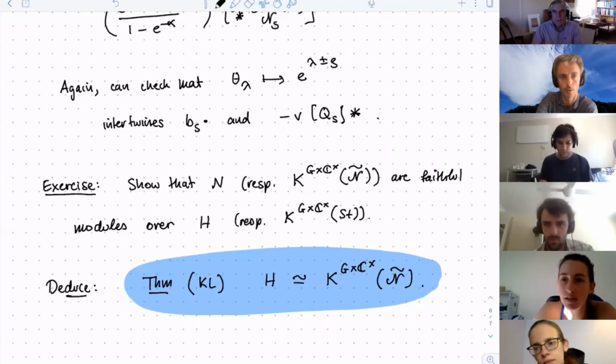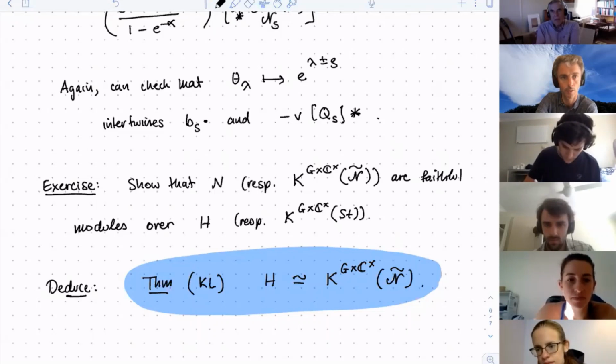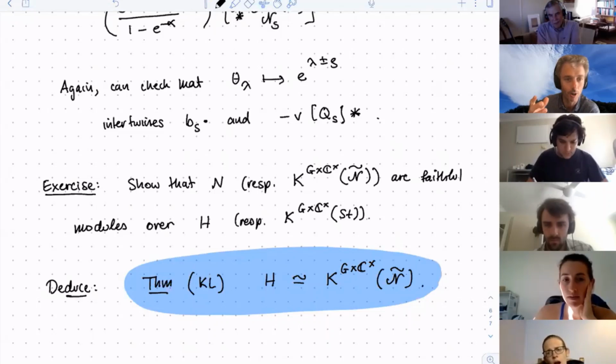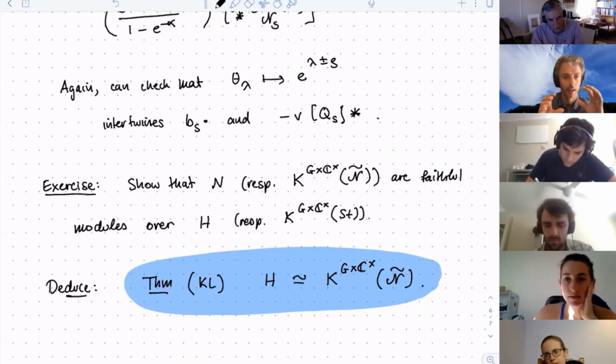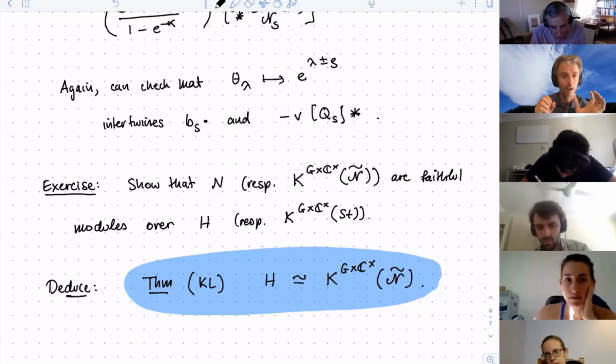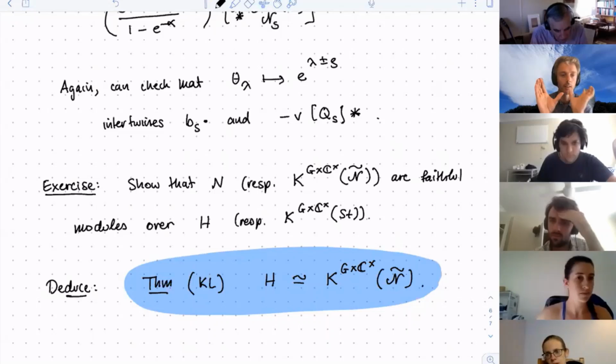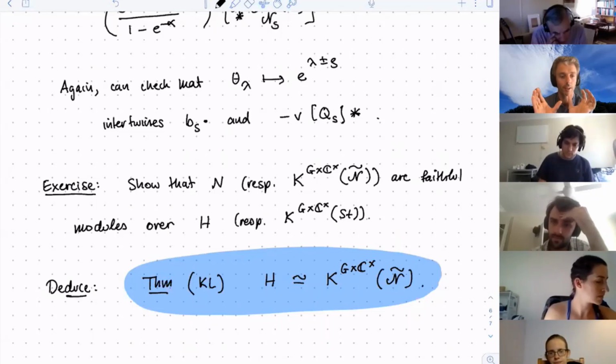One question I had was, can you try to do the same thing with the trivial module instead of the sign representation? Awesome question. So you get formulas in the spherical module that look a little bit different. The really nice thing about the antispherical module is we just get something that comes from push-pull times something that comes from another class.